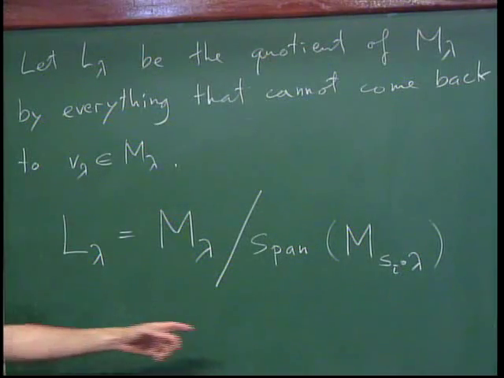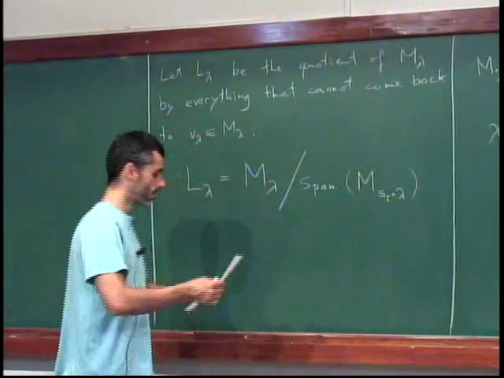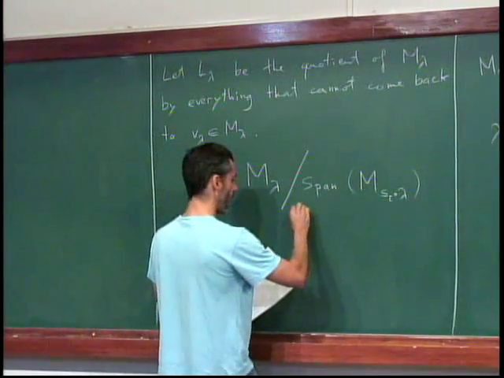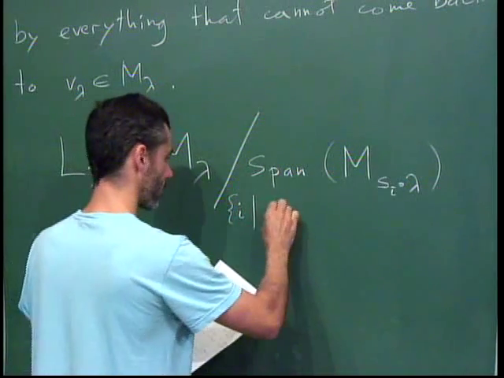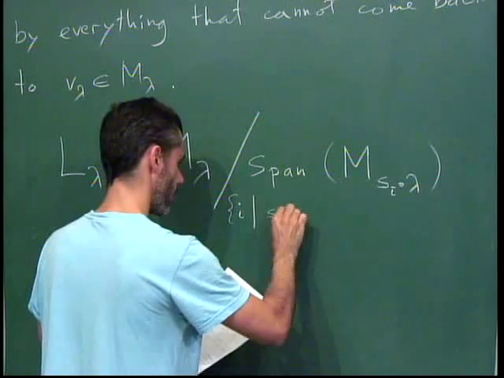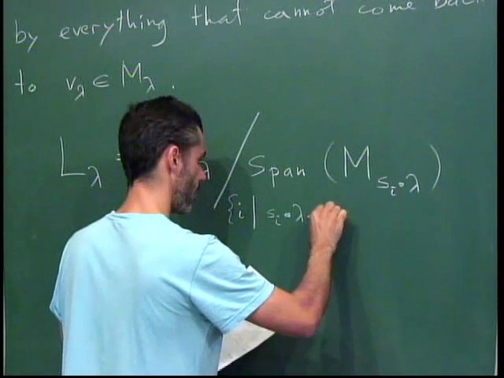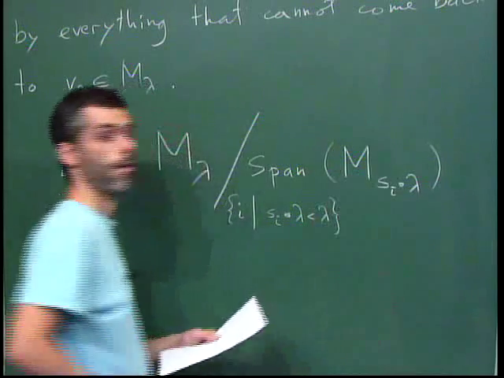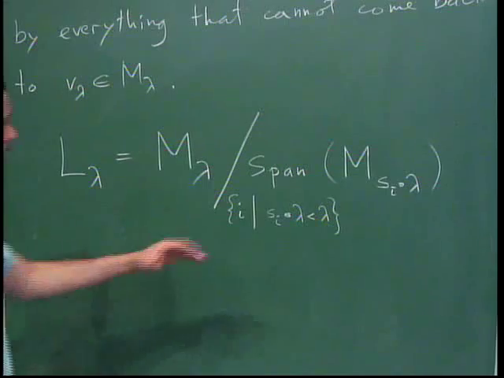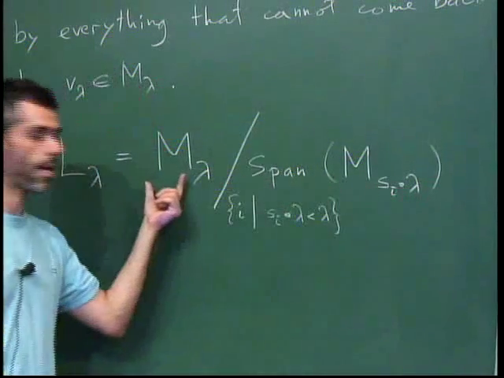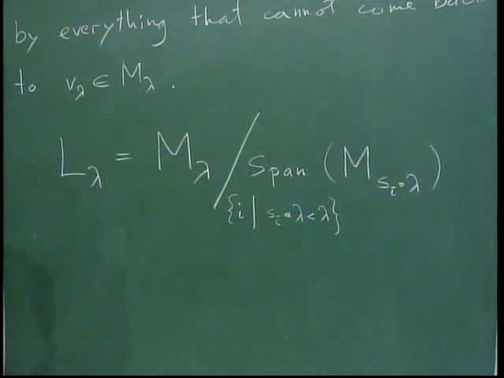Now we need to say, to only mod out by those that happen to be submodules. And that's the set of i such that Si acting on lambda is actually smaller than lambda. So you mod out by all those things that happen to be in there. And the ones that are not in there, well, you don't mod out by them because they're not in there.